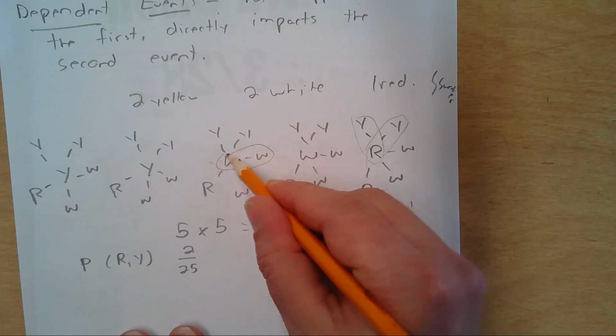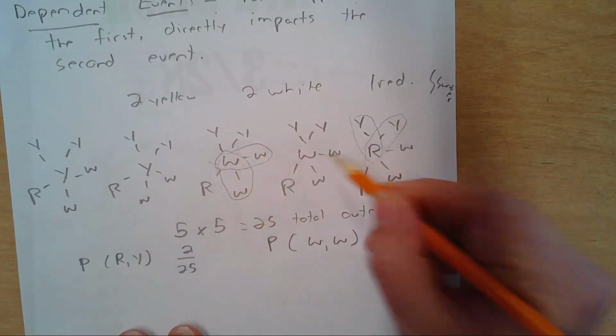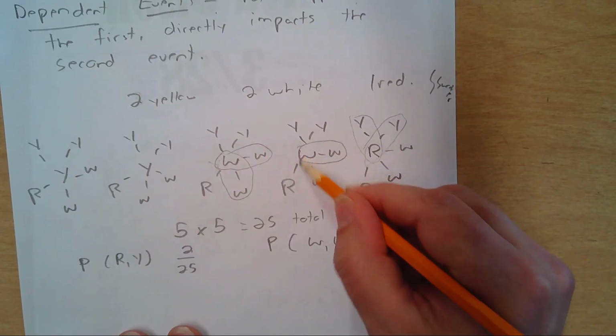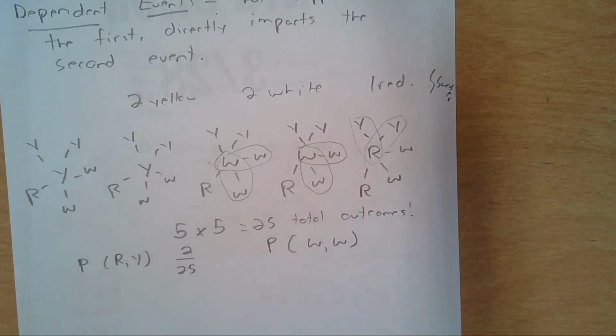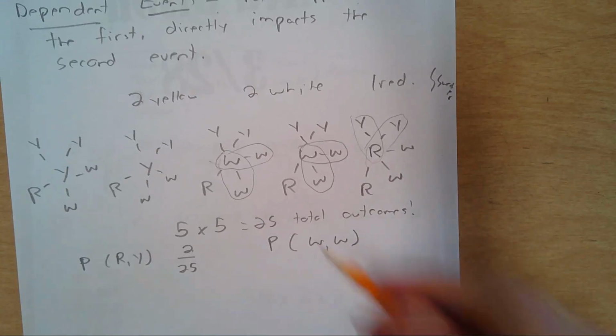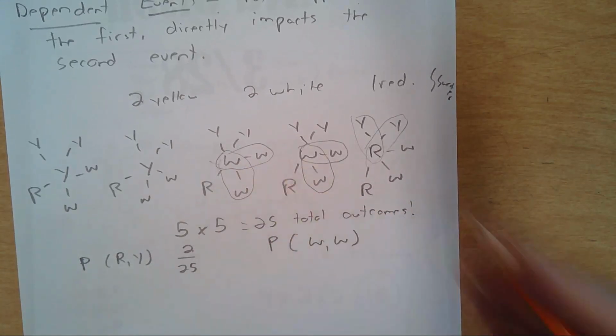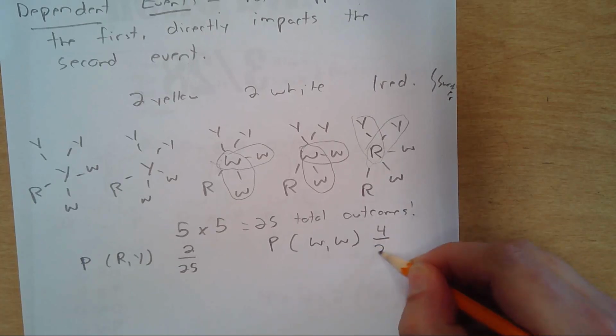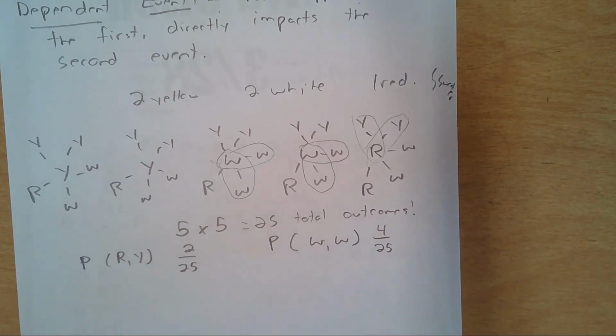White, white, and white, white. There's my white, whites. Doesn't matter which white I get, but these are my 4 winners right here. The probability of getting a white followed by another white is 4/25. 4 of the 25 total outcomes are white, white, right? So this is an independent event.